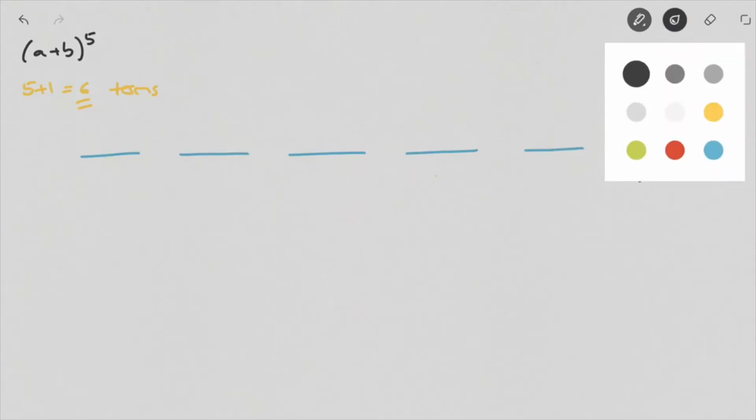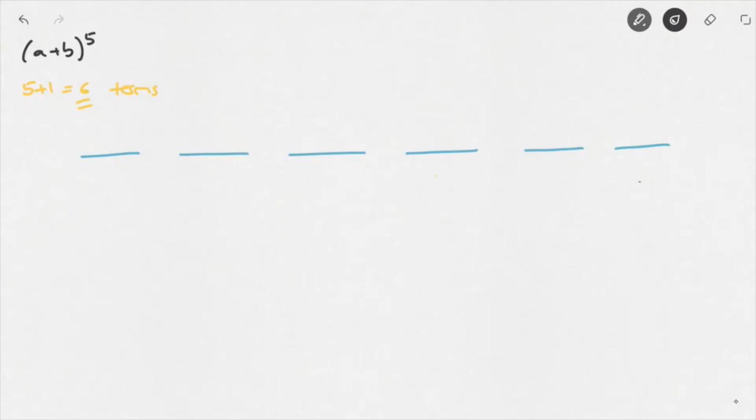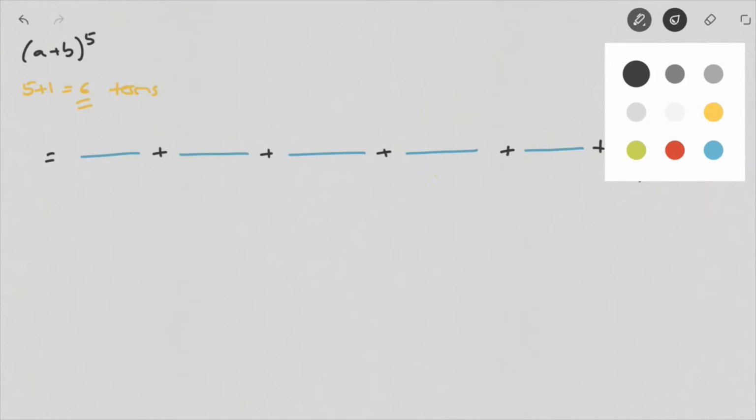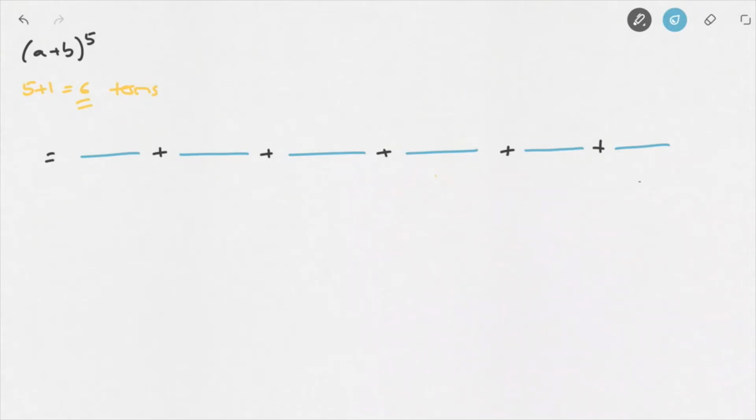And remember, all of these terms are being added. So I'll just say plus, plus, plus, plus, and plus here. And we'll just put a little equal sign all the way in front. Now, remember, the powers of a were always decreasing by 1 unit. In other words, we can go ahead and write powers of a.